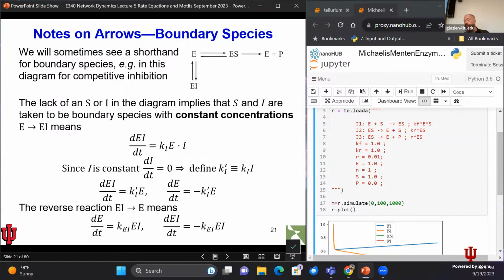And that's another homework problem. The effect of I on the production of P is somewhat different in that case. And so that also happens. But the key thing in both cases is that the I is taking E away from doing its job and holding it somewhere else, sequestering it.